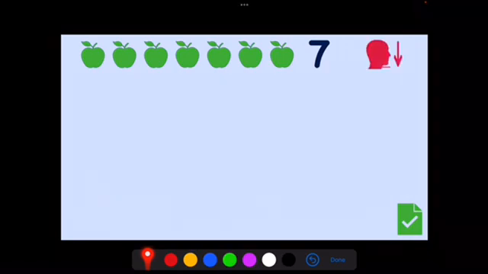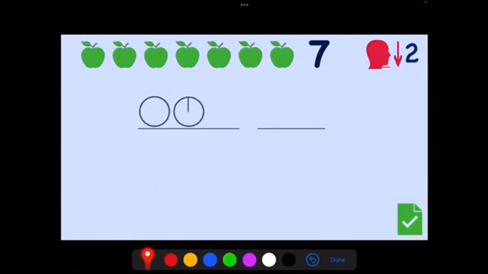How many syllables can you hear in sev-en? Well done. There are 2. So let's draw one line for each syllable. Sev-en. And which sounds can we hear?